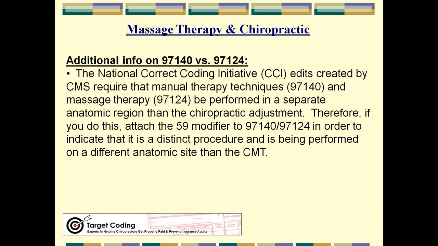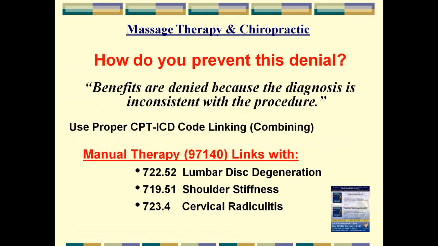So if you're going to do the massage or the manual therapy in a separate anatomic site than the chiropractic manipulative treatment, then you're going to add the 59 modifier to the 97140 or the 97124. You're not going to add the 59 to the CMT.